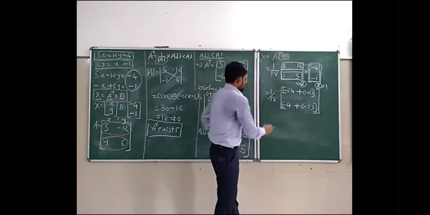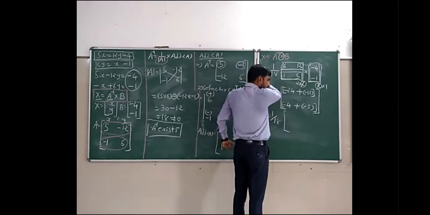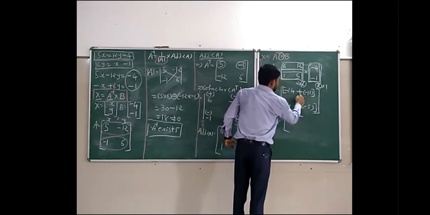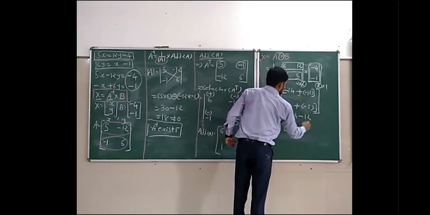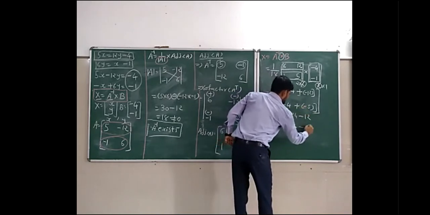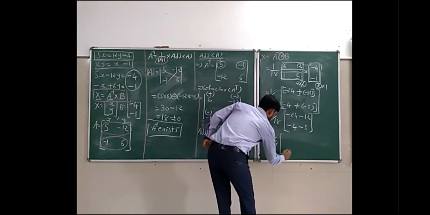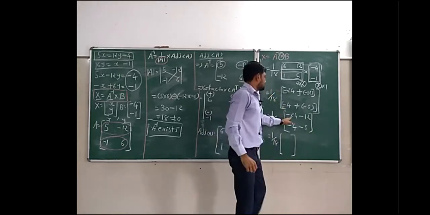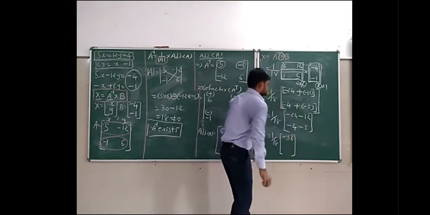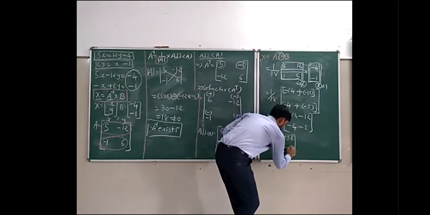Clear? So 1 upon 18 as it is. So now see, minus 24, minus 12, minus 4, minus 5. So 1 upon 18 into, now minus 24 minus 12 is minus 36, and minus 4 minus 5 is minus 9.